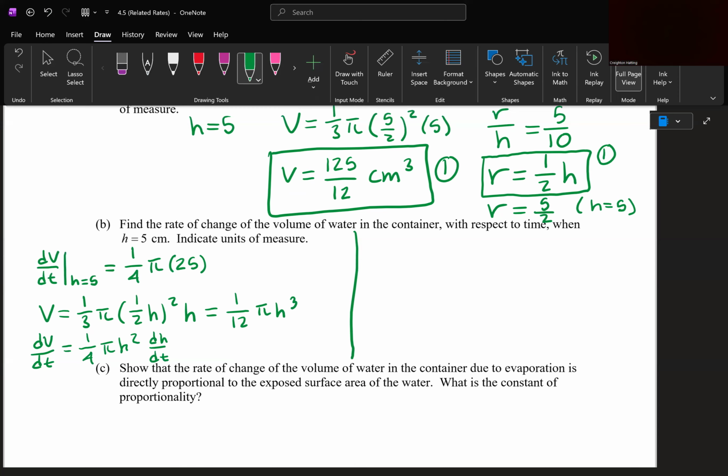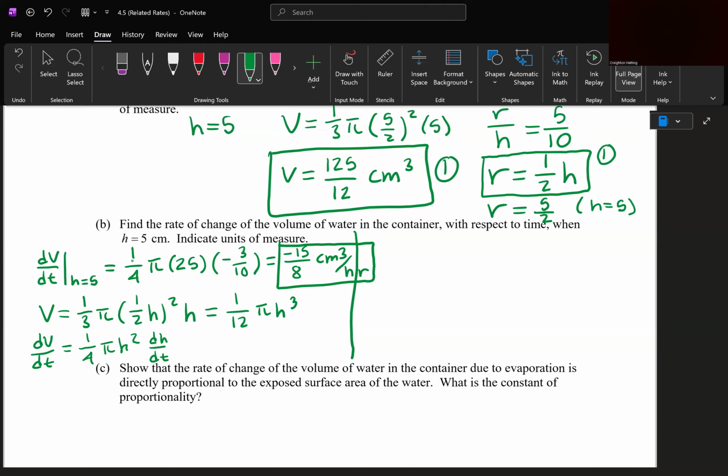And then dH/dt is that -3/10 from the prompt that they gave us. If you simplify all of this arithmetic, you are going to get -15/8. And then do not forget your label. Okay, here you go. We've got -15/8 centimeters cubed per hour.